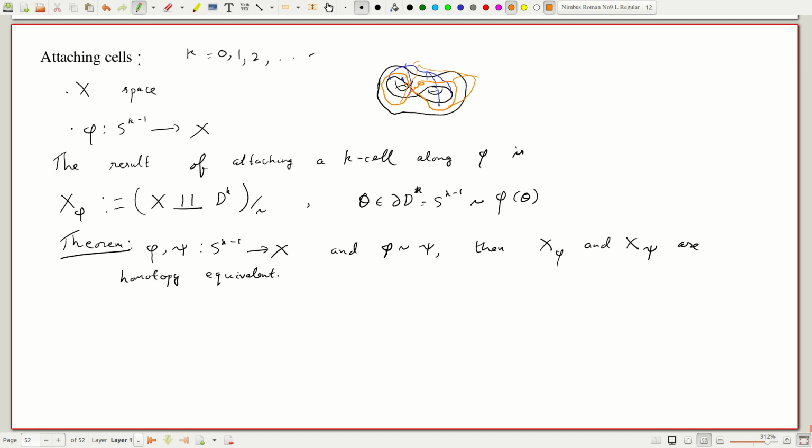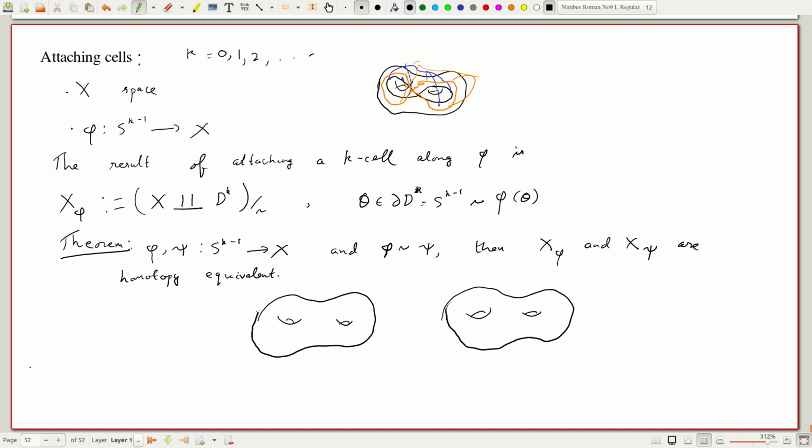So how do I construct a homotopy equivalence? There was a somewhat ugly picture there, but we'll look at it in a way which is less ugly, and certainly easier to see. What we have here is one surface, and then we have another surface. And so we'll see the proof here.